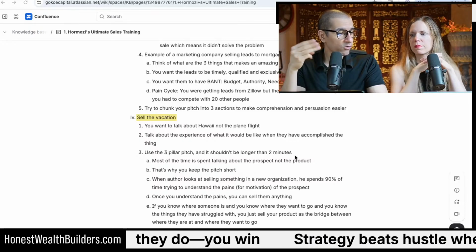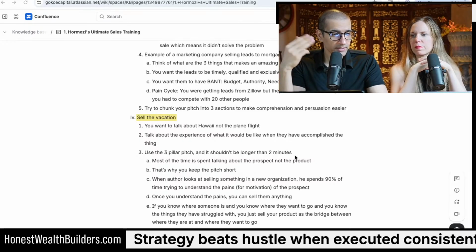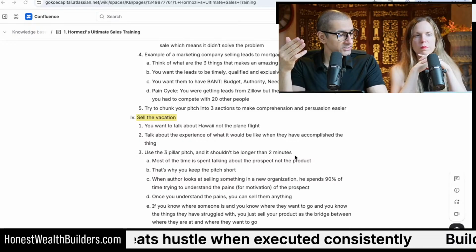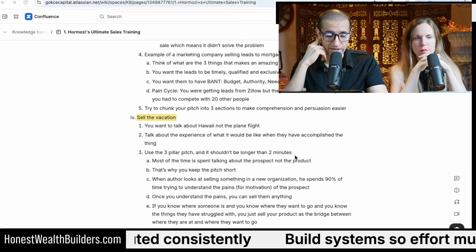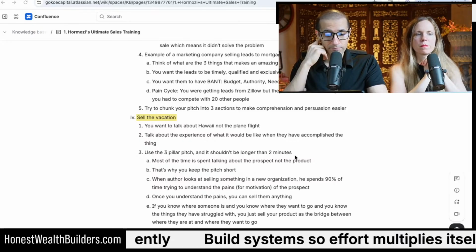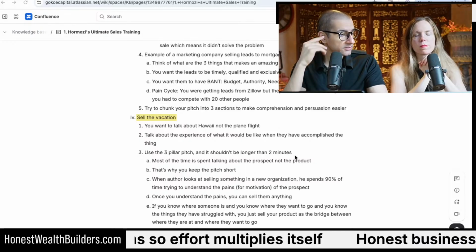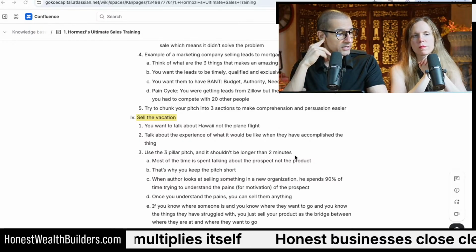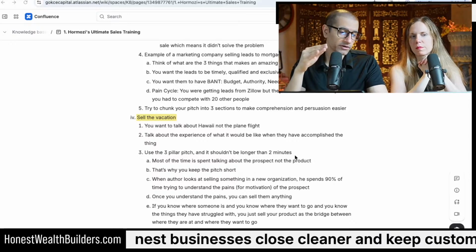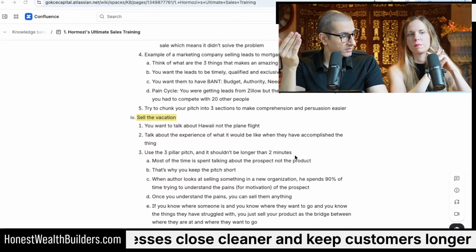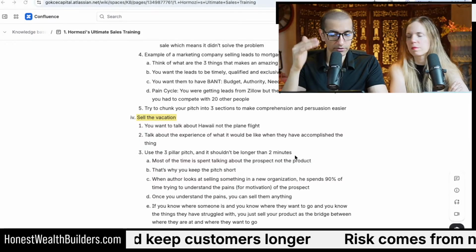O is we overview their past experiences and past failures, so we can increase the deprivation, which thereby increases the motivation for the solution that we have for them. Once you do that, you move to the sell the vacation stage, where you want to sell the outcome rather than the flight on how you're going to get there.